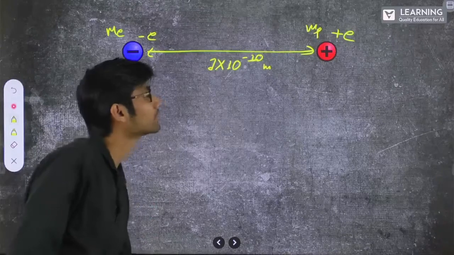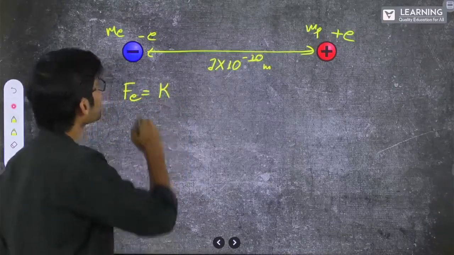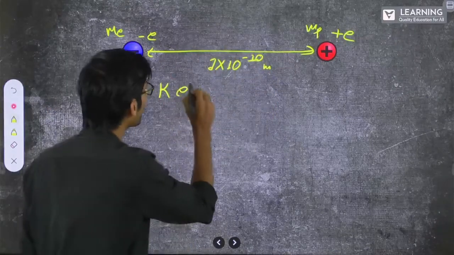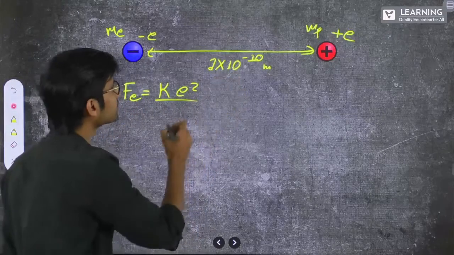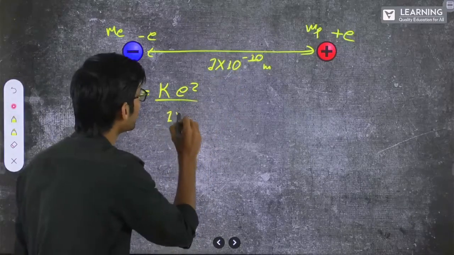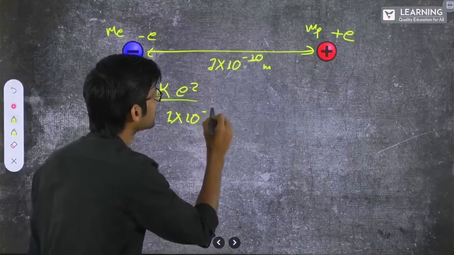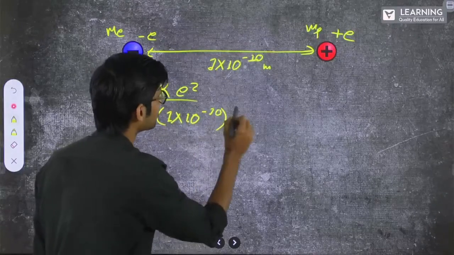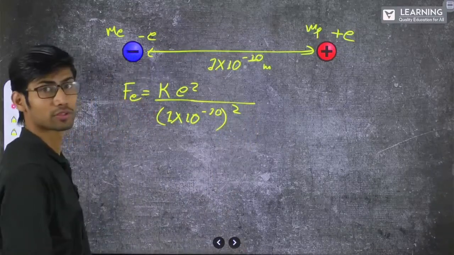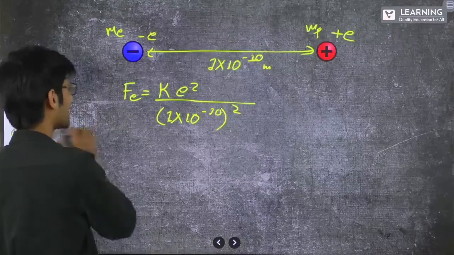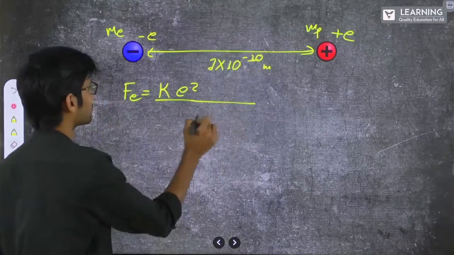Electrostatic force is K Q1 Q2 by R square, where R is 1 into 10 power minus 10 whole square. Let's write R square first, then the values.